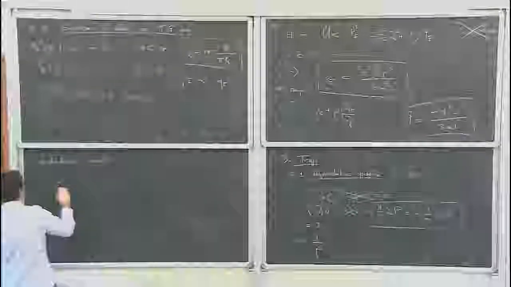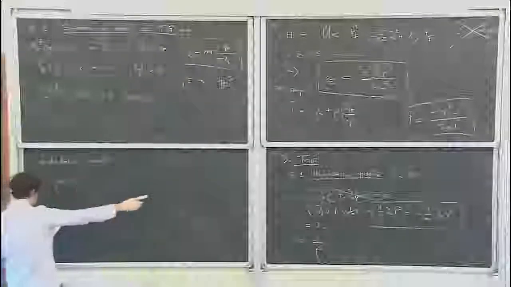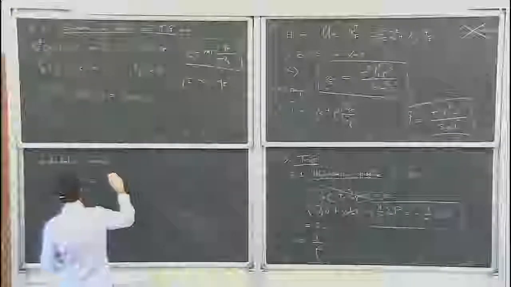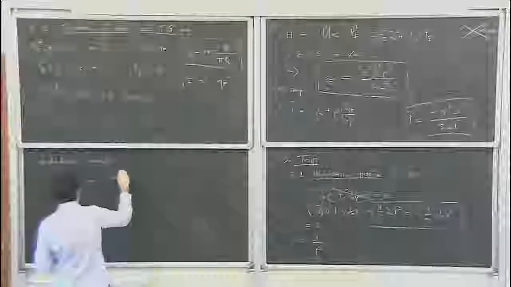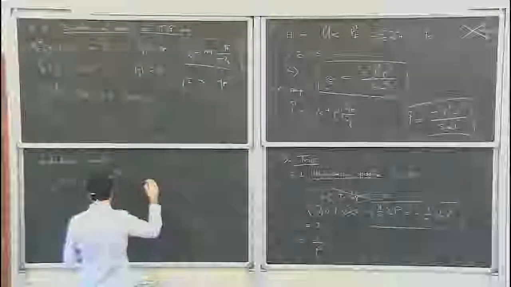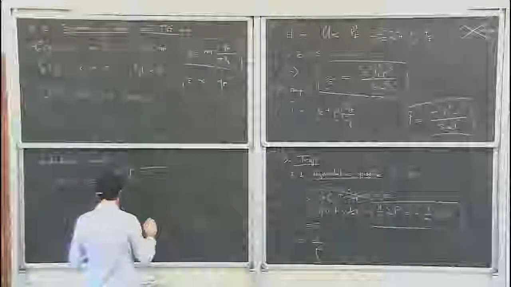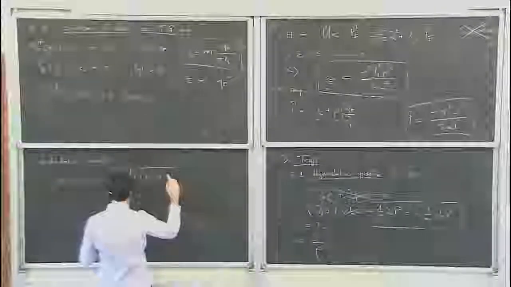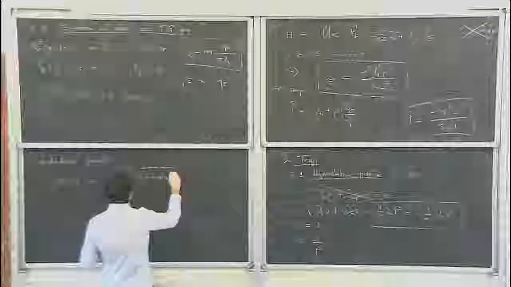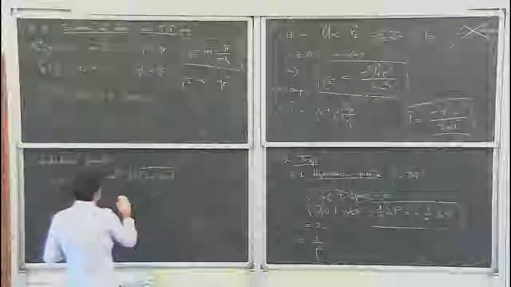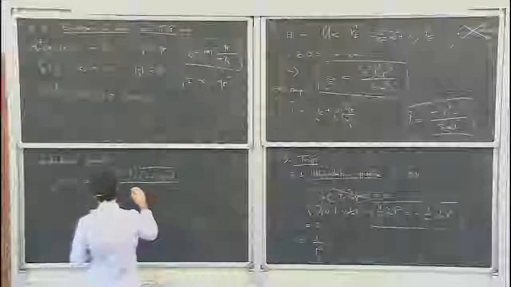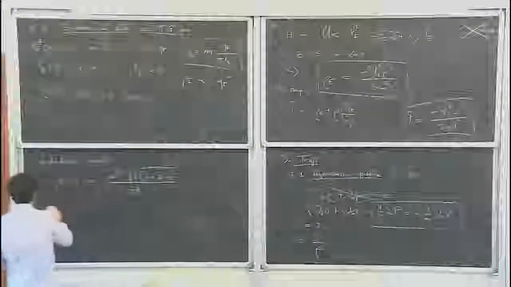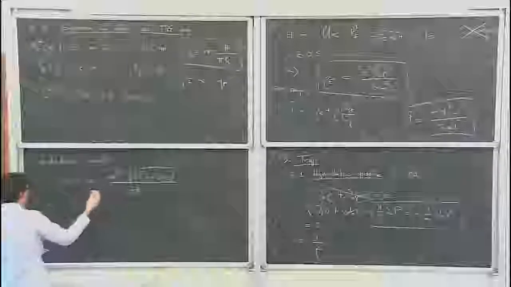You will find, if you look for the solution here, that it goes as this. I have some annoying factors of m because I'm talking about the mass density, but later I will set m to 1. The solution is of this form, where mu is an adjustable parameter.